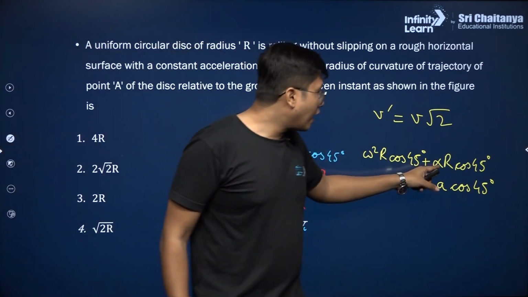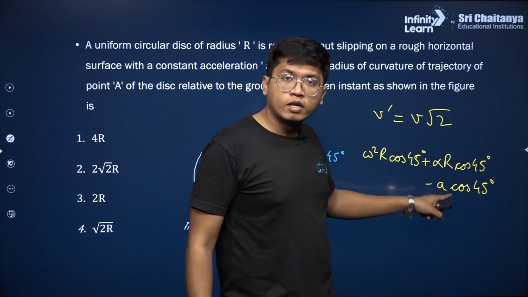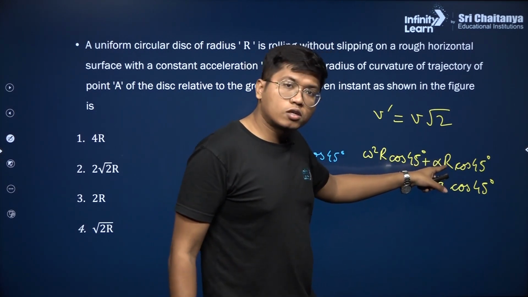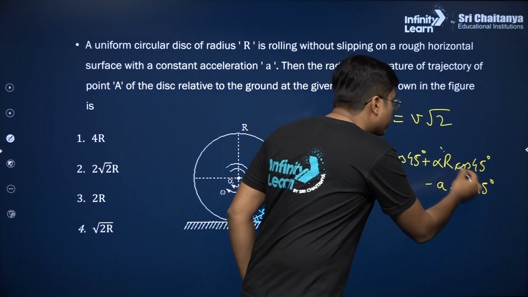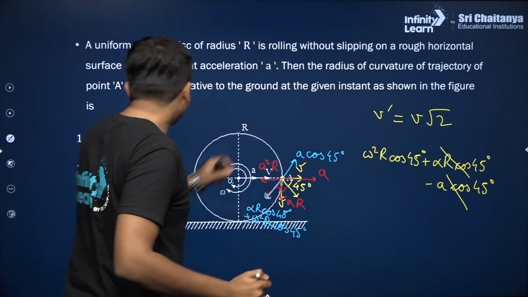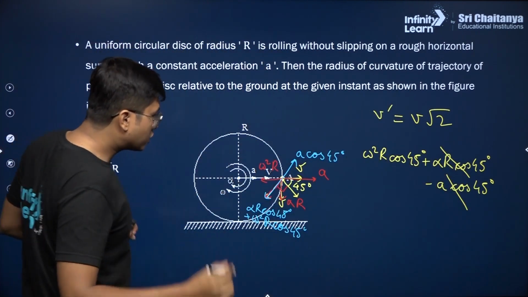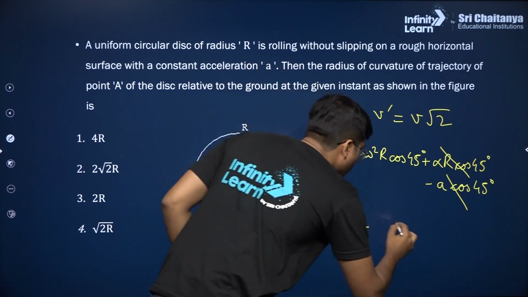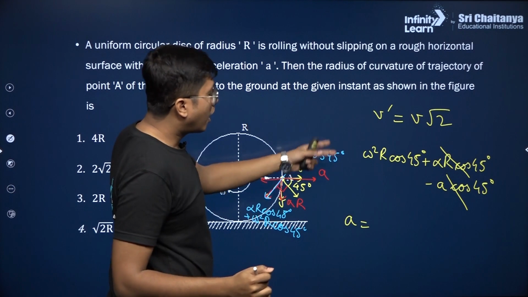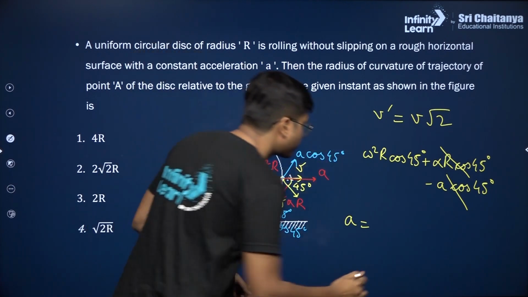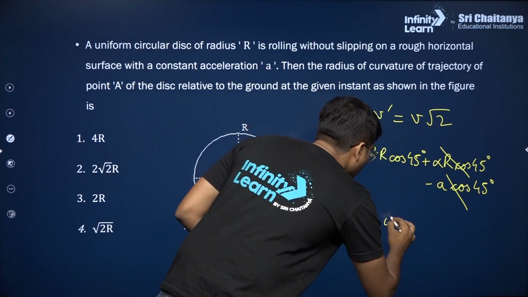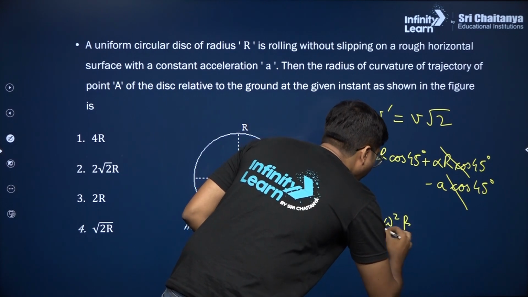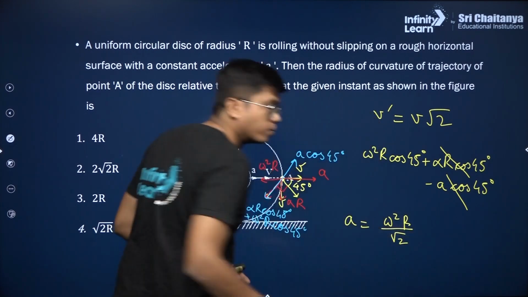You see over here alpha r is equal to a, which means this is also a cos 45, they will cancel out. So your net acceleration a becomes equal to omega square r cos 45 degree. So that is omega square r by root 2.